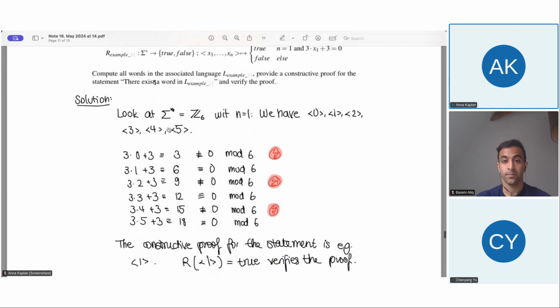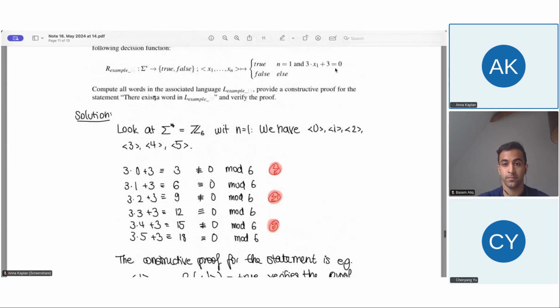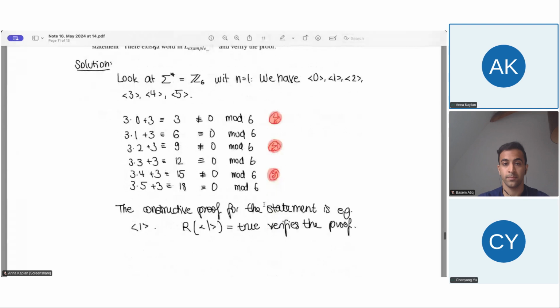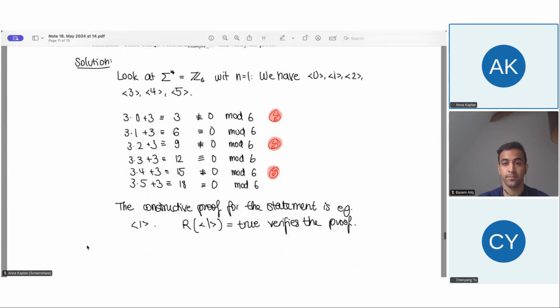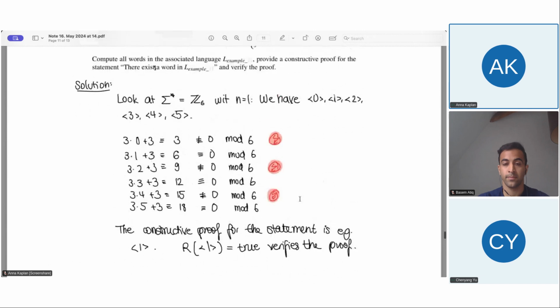I've written them all down, and you can verify it yourself. For example, for 1, we have 3 times 1 plus 3, that's 0 modulo 6, so that holds the equation. So we have a constructive proof for the statement, and we can check the relation, and the relation will evaluate to true. That verifies the proof.